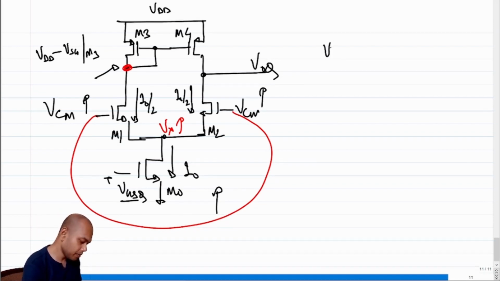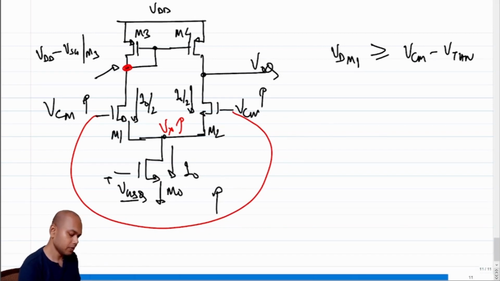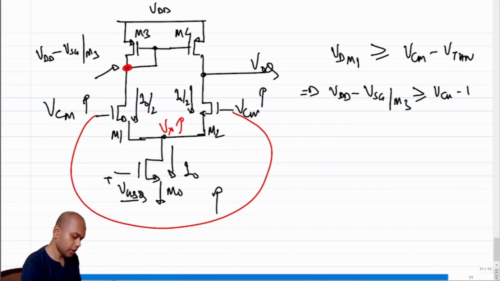the condition that the drain voltage of M1 has to be greater than or equal to the gate voltage, which is VCM minus one threshold voltage. Which means that VDD minus VSG of M3 has to be greater than VCM minus one threshold voltage.